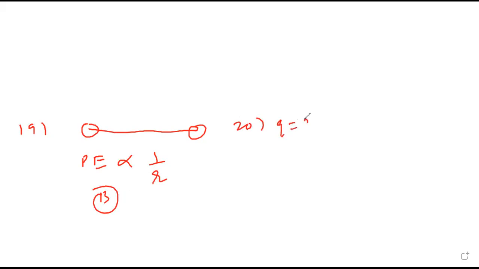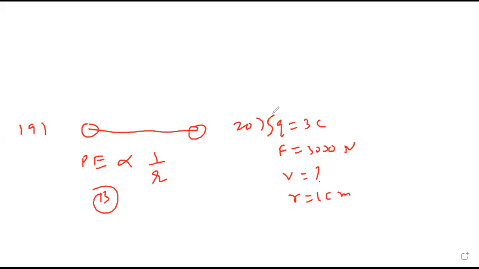Charge of 3 coulomb is placed in a field, it experiences force of 3000 Newton. Within this field, potential between 2 points separated by 1 centimeter will be how much?